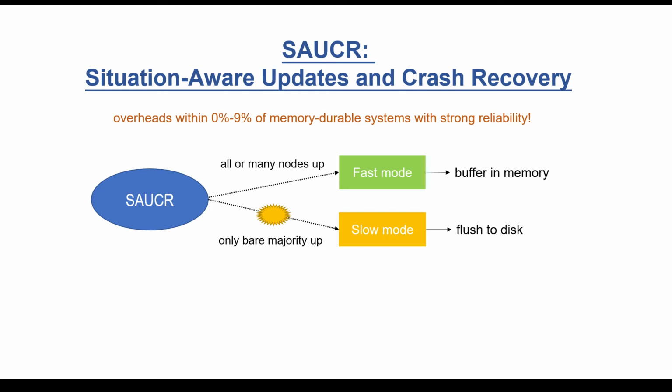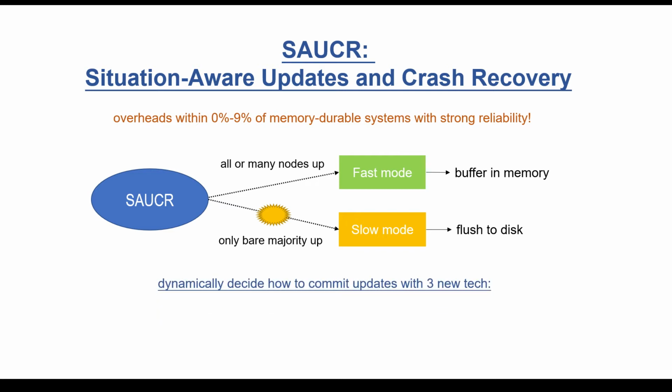When the system is healthy, that means all the nodes are working well, the system will work in fast mode, and they just need to buffer in the memory. It's the main case, or common case. But if failure happens, and the group finds that only a bare majority is up, it will switch to slow mode to guarantee the security of the data. Every node will flush data to disk.